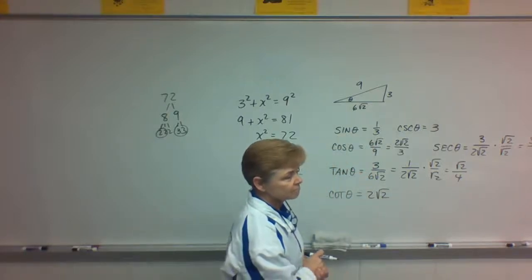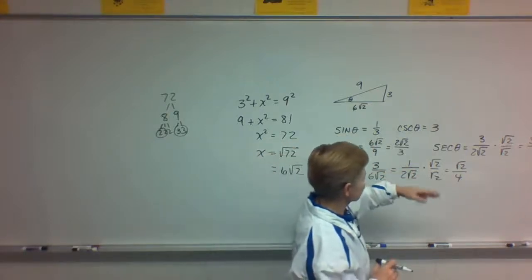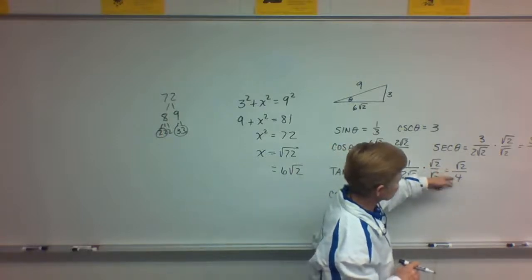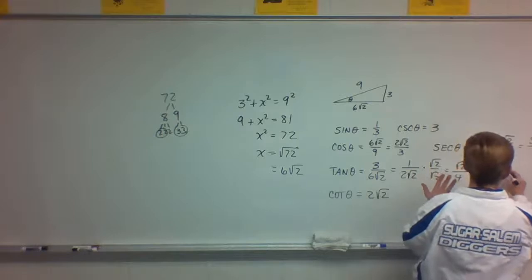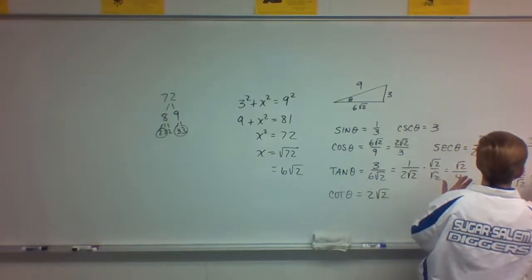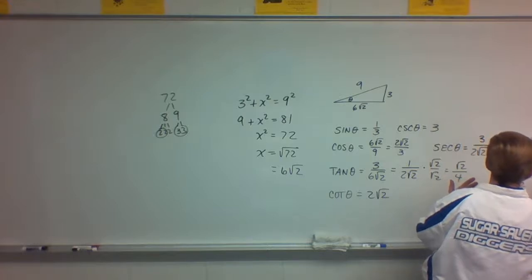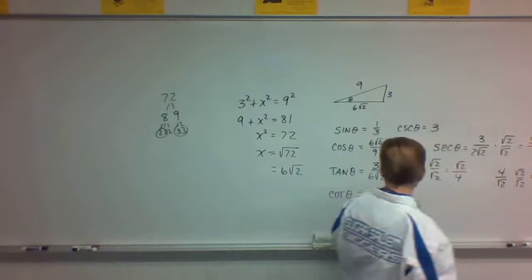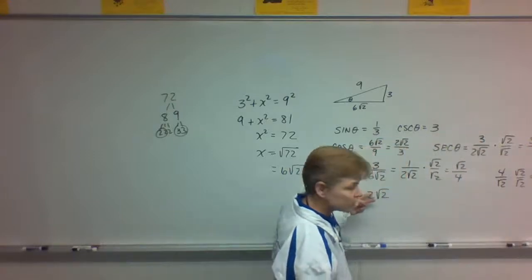See what I mean? So look at your simplified versions, and tip them over until you get one that's easier to deal with. This one right here, if you tip it over, it would give you 4 over root 2, but then you'd have to multiply by root 2 over root 2 to rationalize the denominator, which would be 4 root 2 over 2, and then you'd have to cancel for 2 root 2. Whereas this just gets it to you if you go right here. Just flip that over.